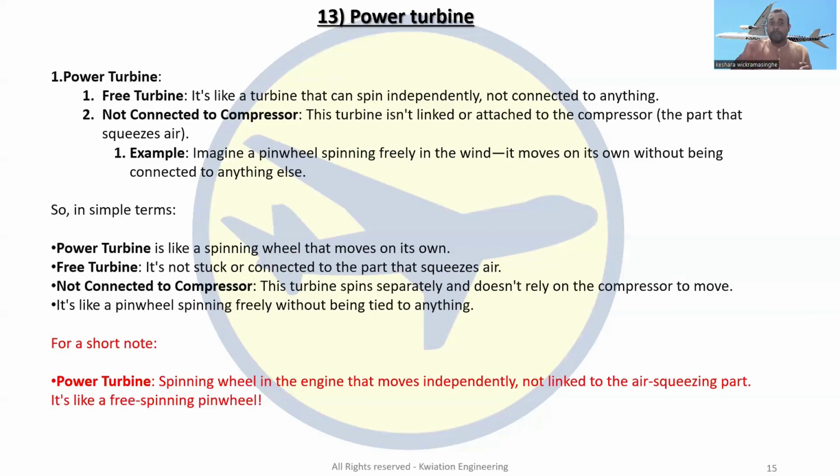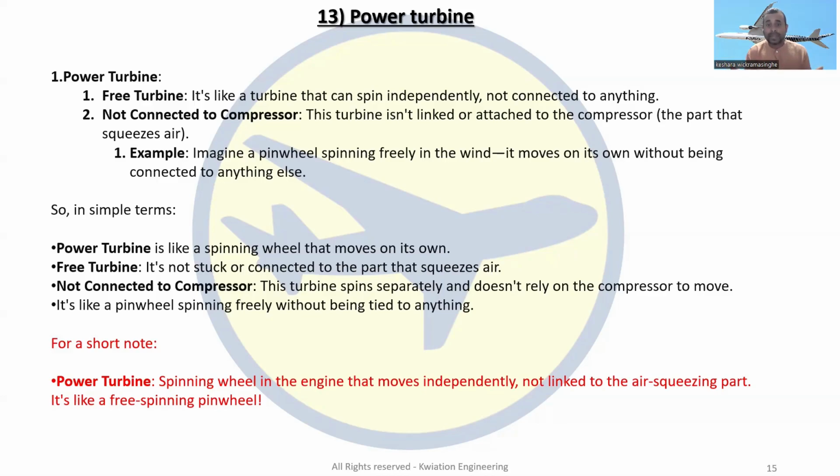Example: imagine a pinwheel spinning freely in the wind. It moves on its own without being connected to anything else. That is called a free turbine. In simple terms, a power turbine is like a spinning wheel that moves on its own, and a free turbine is not connected to the part that squeezes air, the compressor.